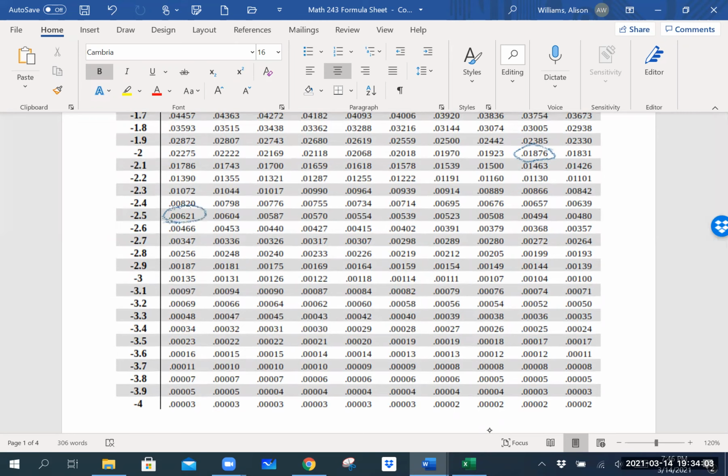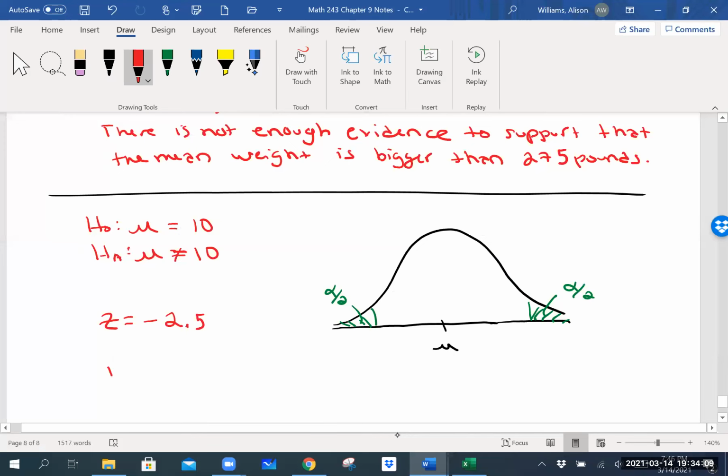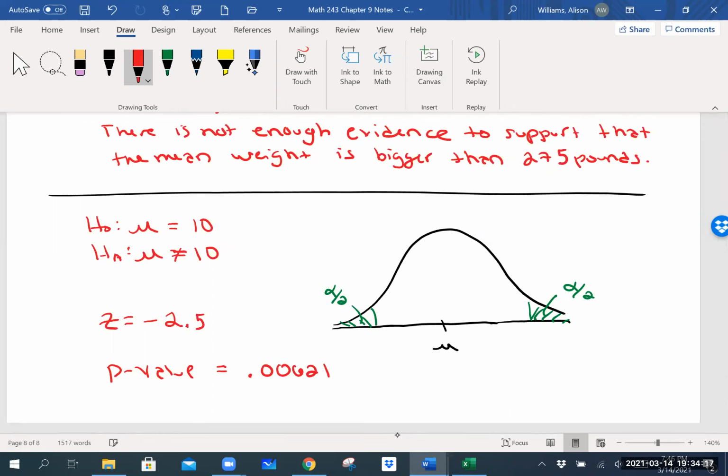So 0.00621. Okay, but that is not going to be the p-value we're going to compare, because that's the p-value for one tail. It happens to be the left tail because our data gave us a negative z-score.